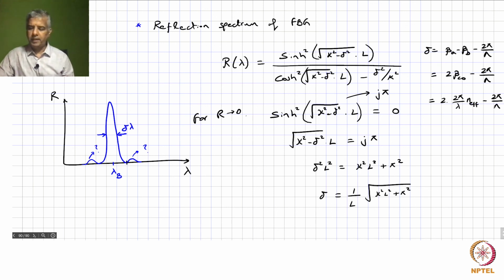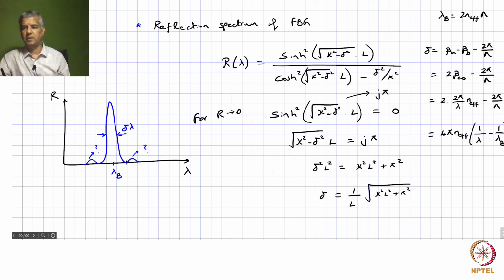Of course, since we know lambda b equals 2 times n effective capital lambda, capital lambda itself can be written as lambda b over 2 times n effective. So you essentially have, taking the common terms, 4 pi n effective multiplied by 1 over lambda minus 1 over lambda b.